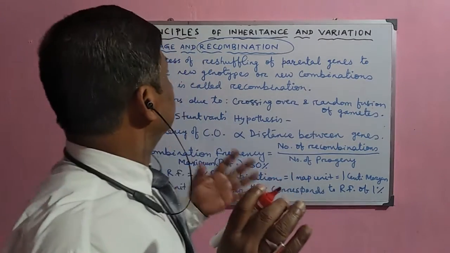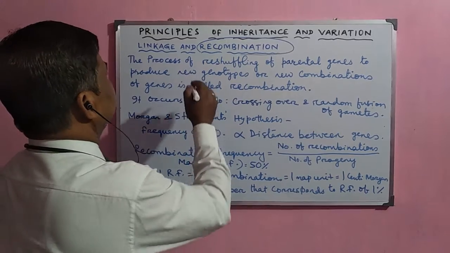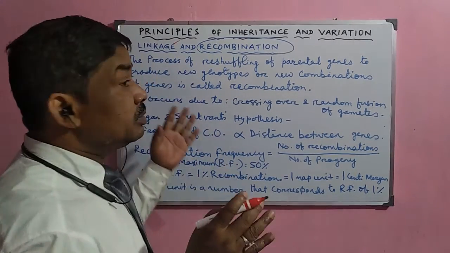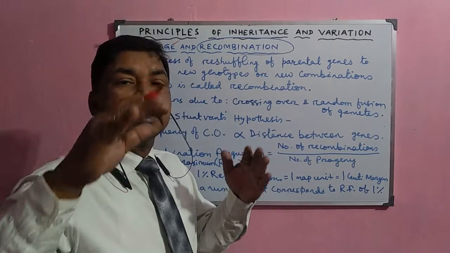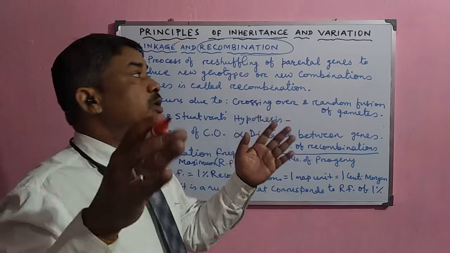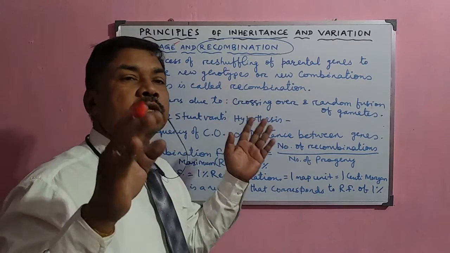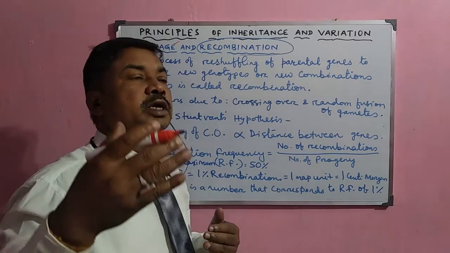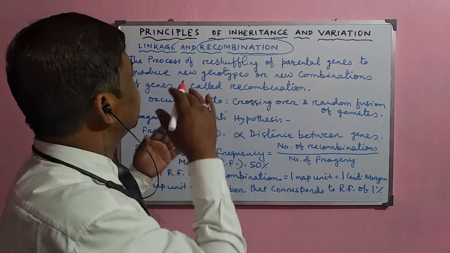Recombination is directly related to the linkage phenomenon. Linkage means the transmission of characters together from one generation to the next. That means the genes present in the same chromosome are inherited to the next generation in the same combination.